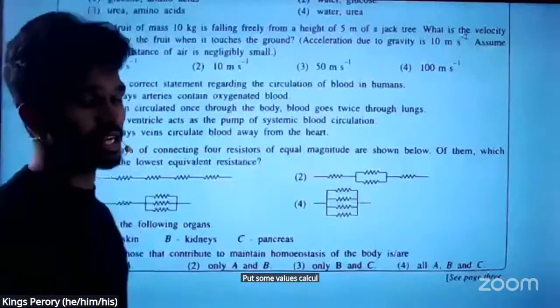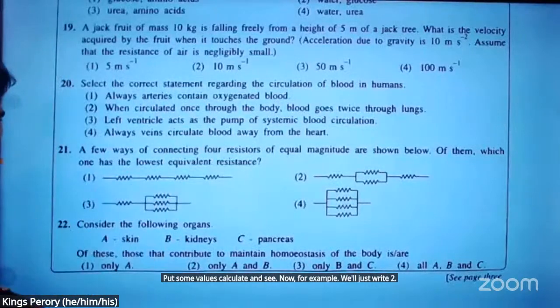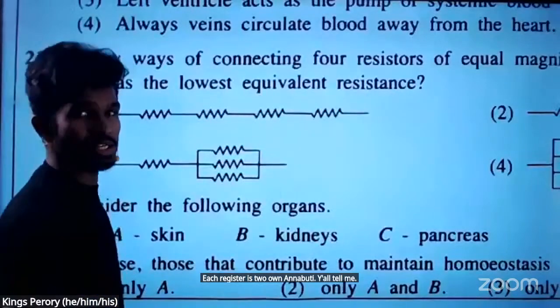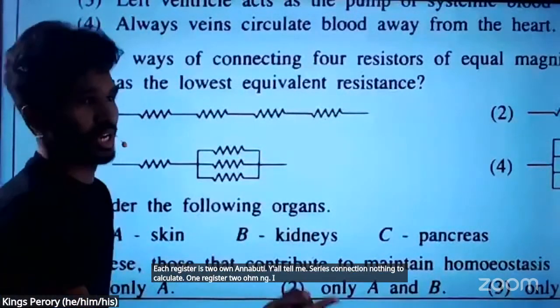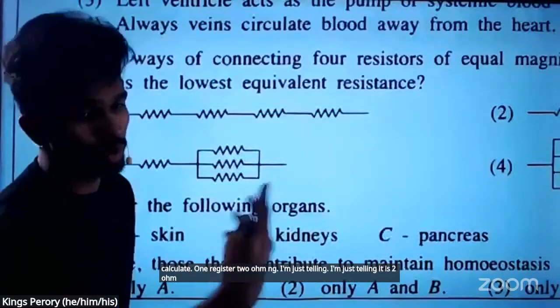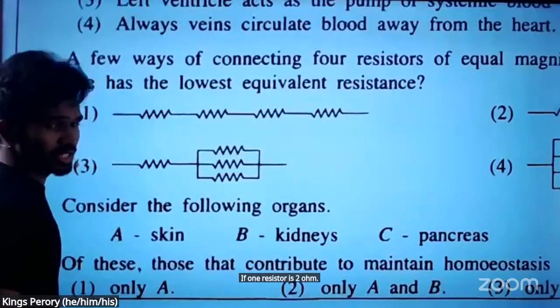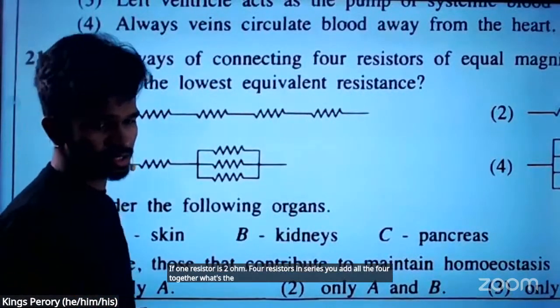Now, for example, we'll just write 2 ohm. Each resistor is 2 ohm. If you don't like 2 ohm, put 3 ohm there. Series connection, nothing to calculate. If one resistor is 2 ohm, four resistors in series, you add all the four together. What's the equivalent resistance?